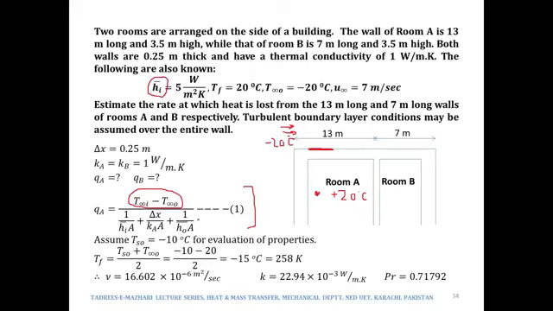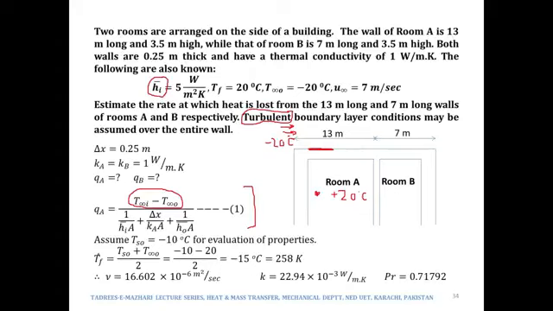Over here we already know the type of the flow, because we are told that turbulent boundary layer conditions may be assumed over the entire wall. So we already know that the flow is turbulent in nature. So all we need to do is select the appropriate expression for the turbulent flow over a flat plate.